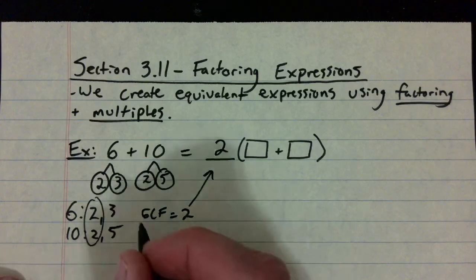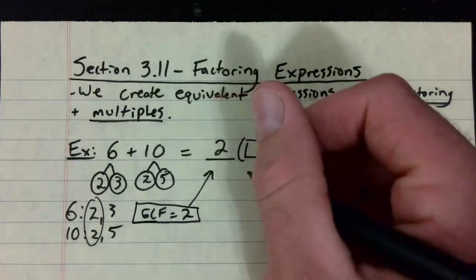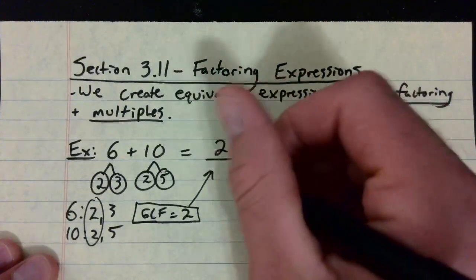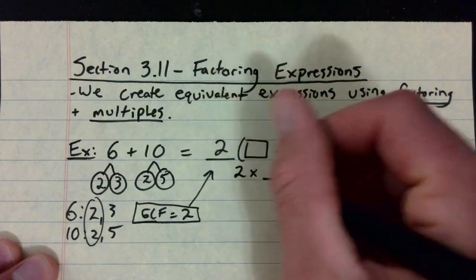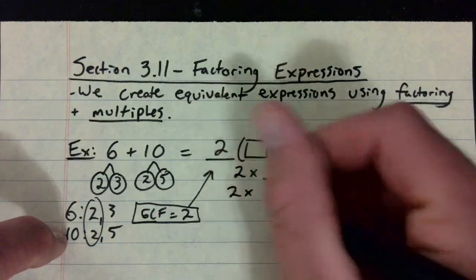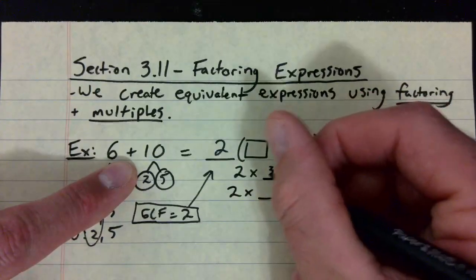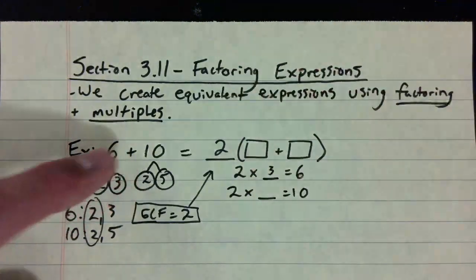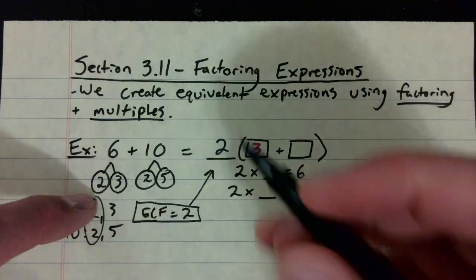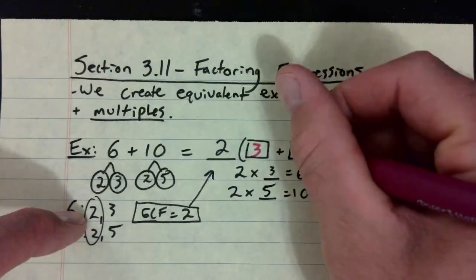Okay, so we know that our GCF is 2. And then in this case, after we factor our numbers, we just multiply for missing numbers. So 2 times what will give you 6, and 2 times what will give you 10? Well, we know 2 times 3 will give you 6, so we plug in 3, and we know 2 times 5 will give you 10, so we just plug in 5.